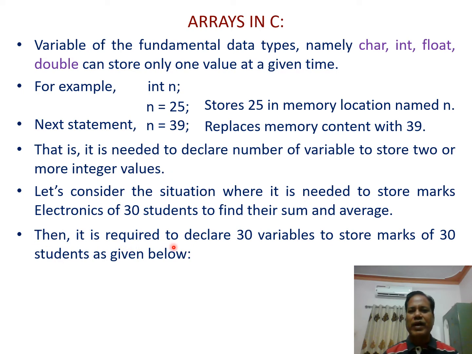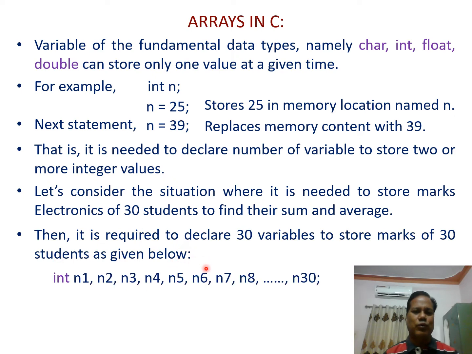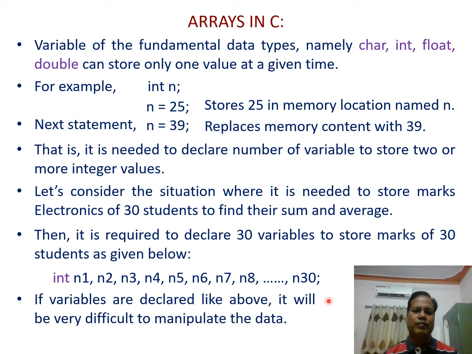Then it is required to declare 30 variables to store marks of 30 students as given below: n1, n2, n3, n4, n5 up to n30, and at the end a semicolon.